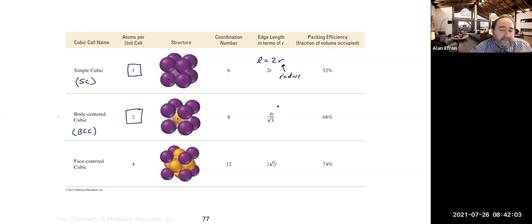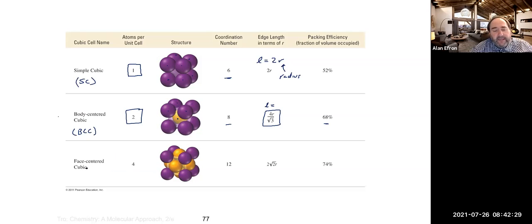The length will equal 4r divided by the square root of 3. It has a coordination number of 8 because it does have that central atom there. That gives it a higher coordination number, which means it's able to pack itself more efficiently. Because a lot more things are in contact with each other, it brings everything in tighter to each other.